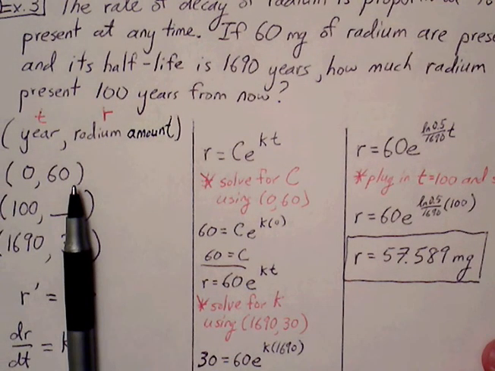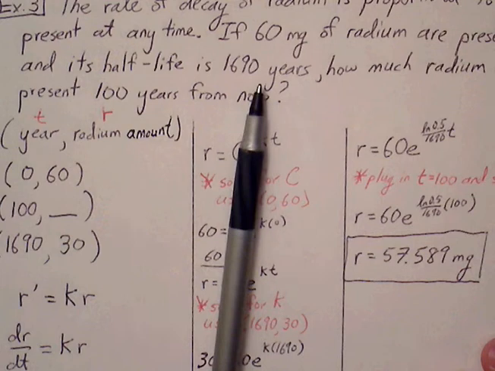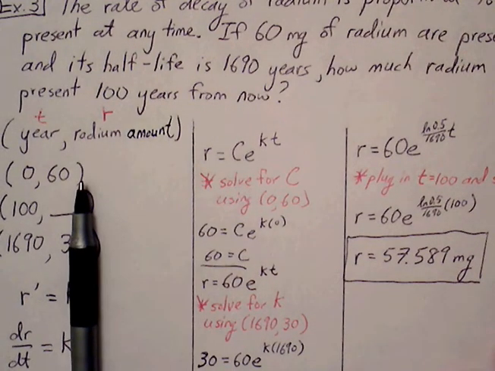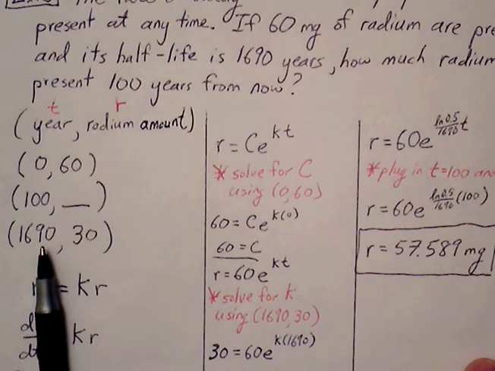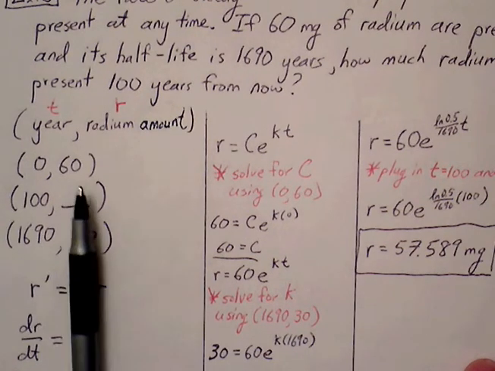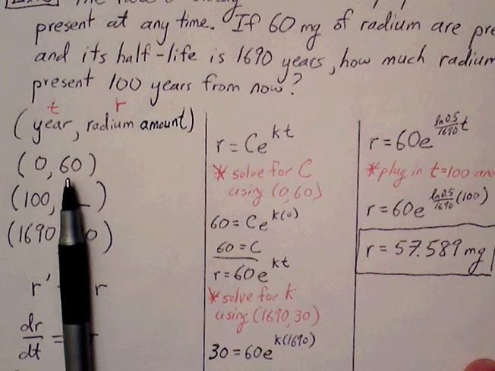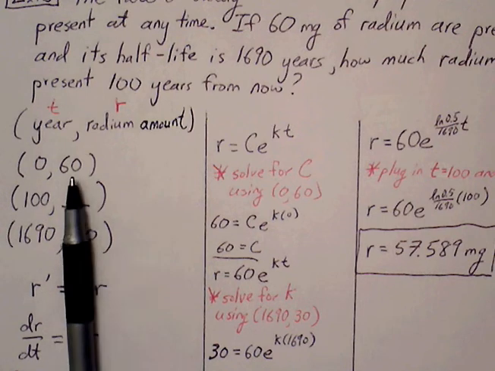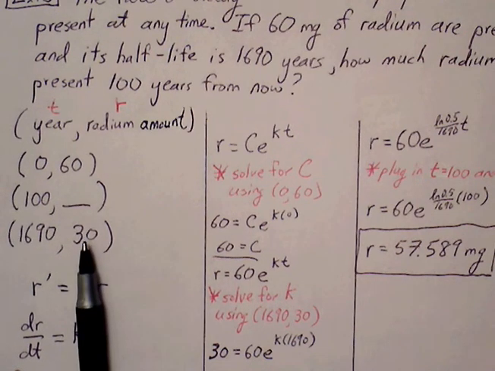And its half-life is 1,690 years. So we know that after 1690, there's going to be half of the initial amount that is available. So after 1690 years, 60 will decrease down to 30, exactly a half.